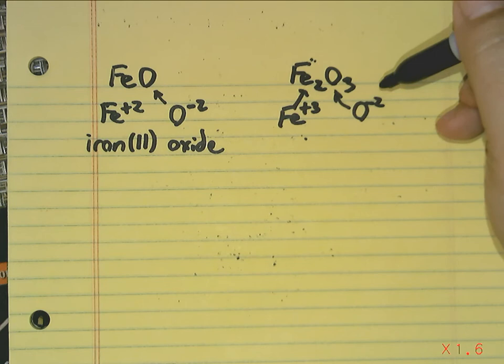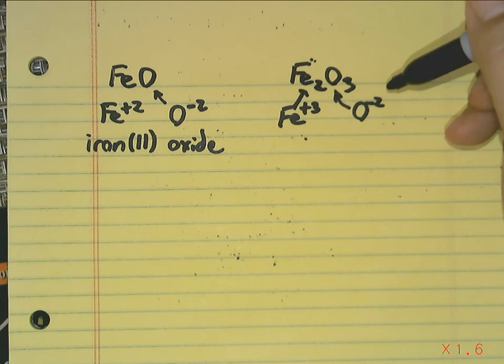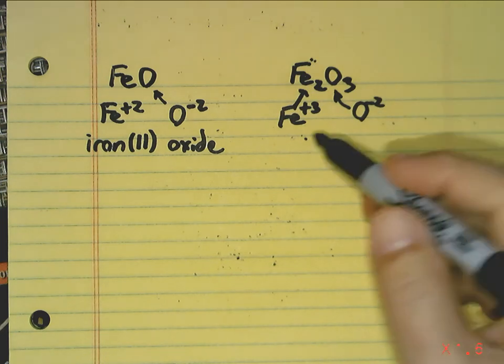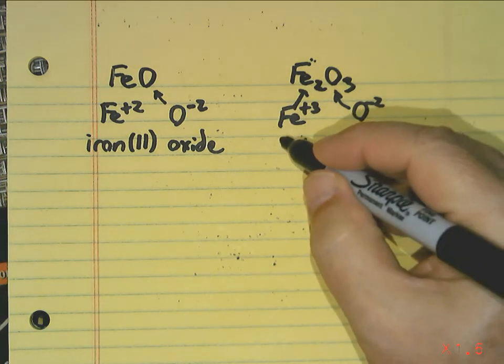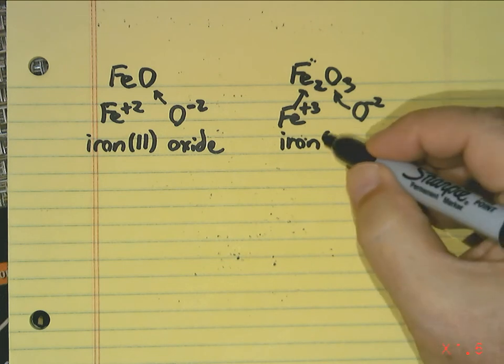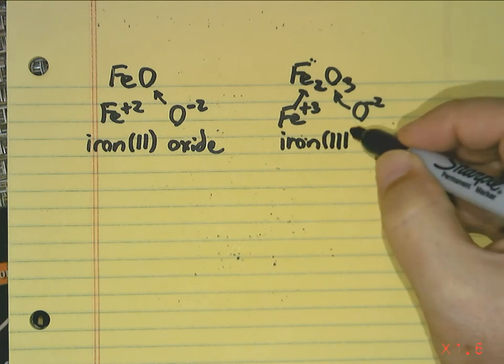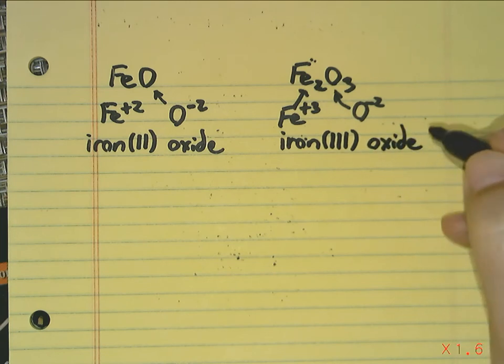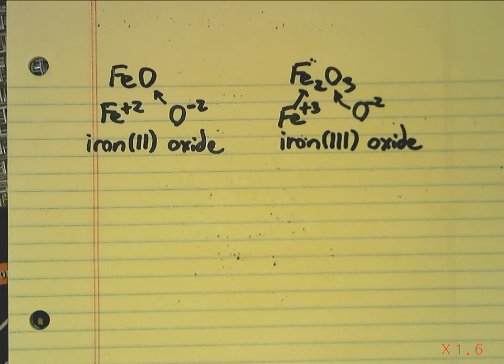So remember, nonmetals have negative ions, and metals have positive ions. So here are the 2 ions, and I'm going to call this iron, not just iron, but iron 3. I've got to put that Roman numeral there because it's in the transition metal area. All right.